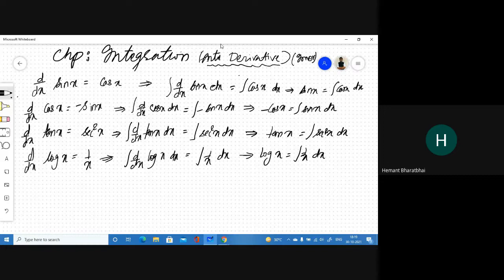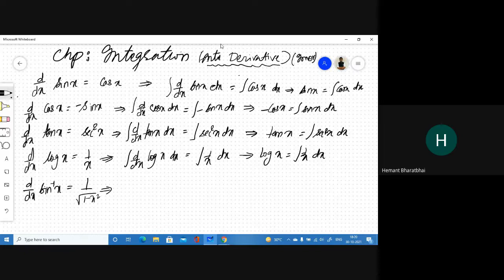So on similar lines, you can do all the other formulas in integration that you've already done in derivative. Okay. Derivative of sine inverse of x is 1 upon under root of 1 minus x square.